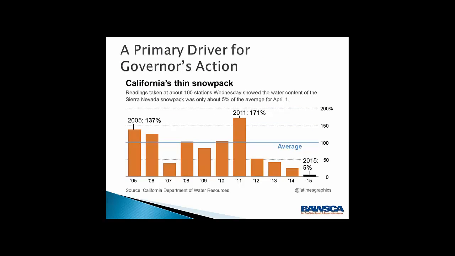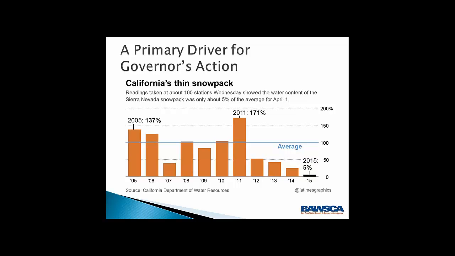Really, the primary reason for the state's actions was snowpack this year. As of April 1st, 2015, snowpack at the 100 stations for which readings were taken throughout the state was at 5% of the average for that time of year. Looking at this graph, which shows snowpack over the past 10 years, you can see that some years snowpack is above average, above that blue line.